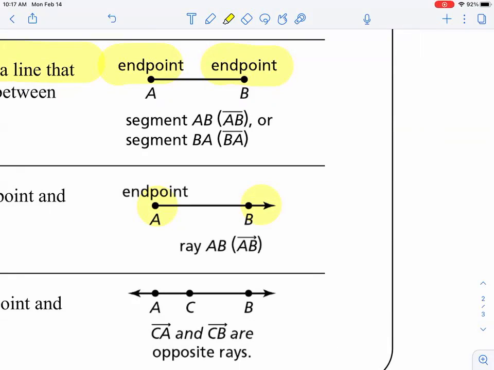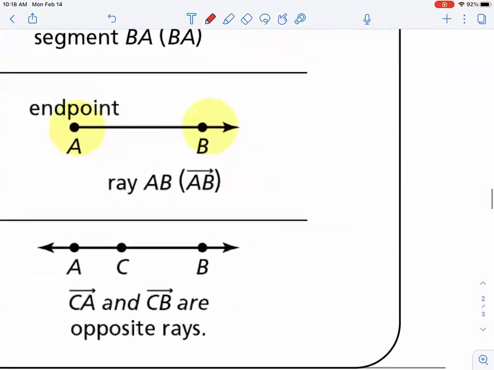In that case, the order is really important. The endpoint always comes first when you name that. So we can only name this ray AB. You cannot name it ray BA. If it's a ray, the endpoint has to come first.